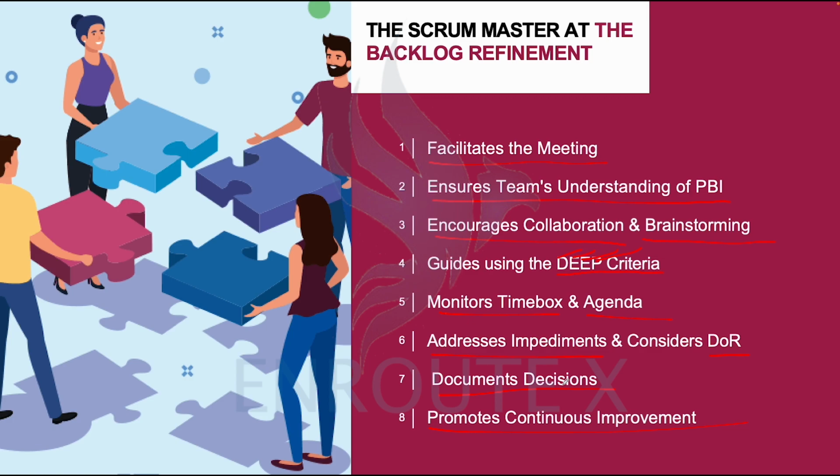In a nutshell, the Scrum Master is there with the product owner leading the conversation, but the Scrum Master is guiding and supporting both the product owner and the rest of the team to deliver the objective of the backlog refinements, which is preparing stories for future sprints, ensuring that each story meets definition of ready and planning towards that story in the sprint cycle.